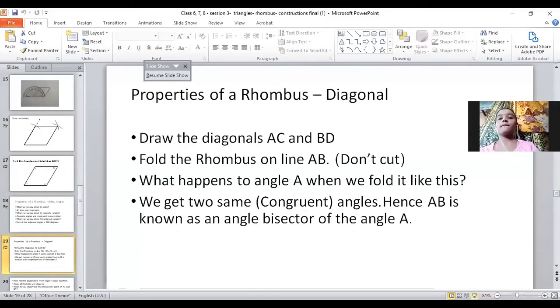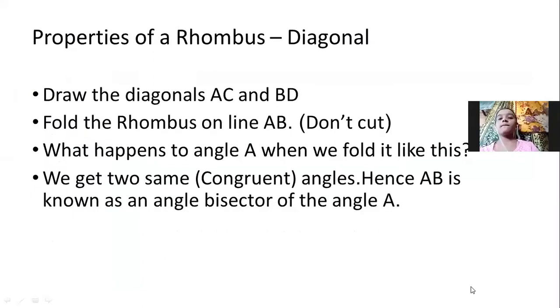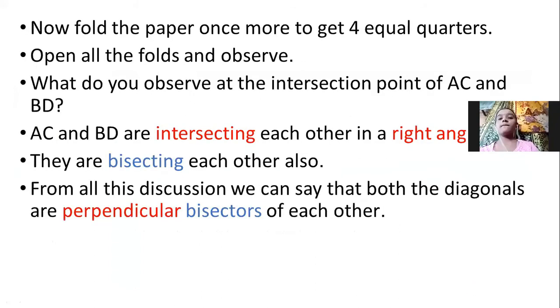We draw the diagonals AC and BD. What we have done may be a little bit different here because we have given the names a little differently. When we fold the rhombus, we get the angle bisector of the angle A, as we saw earlier. Next slide. Now fold the paper once more to get 4 equal quarters.